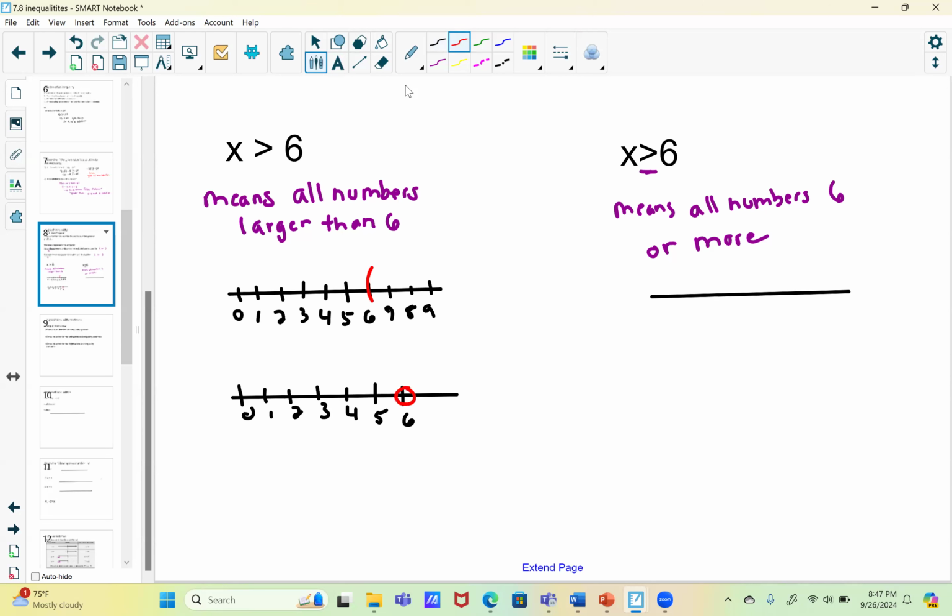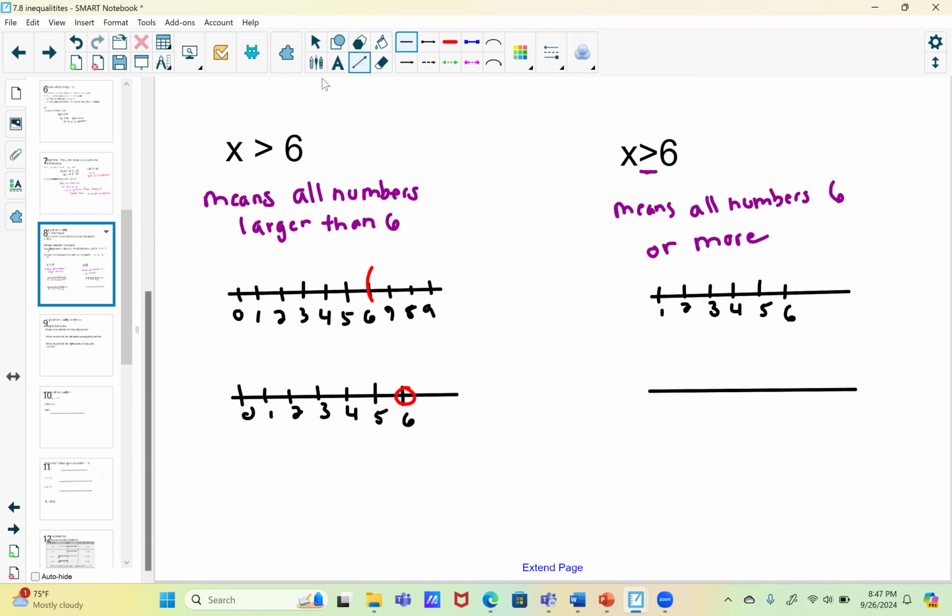If my number is included, like this second one, I'm going to either put a bracket on it or use a closed circle. And so that means 6 is included. This one means 6 is not included. It's not part of the solution.